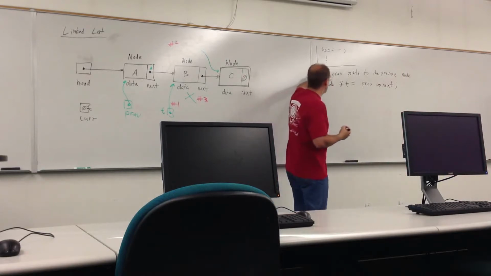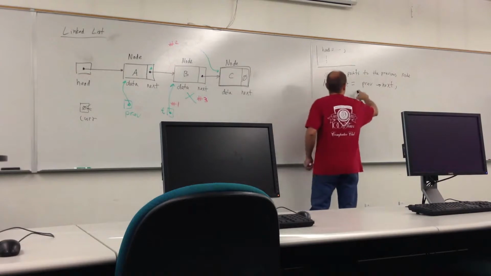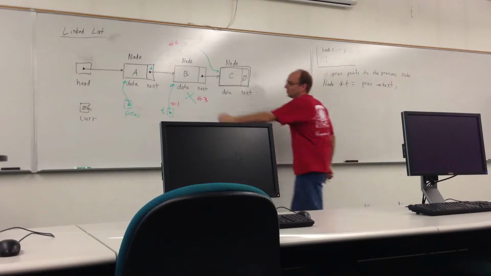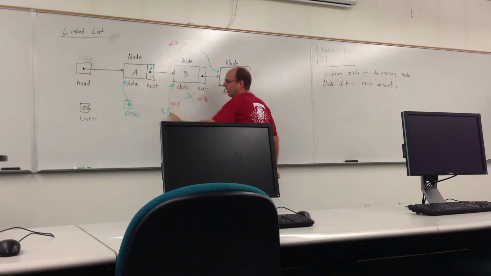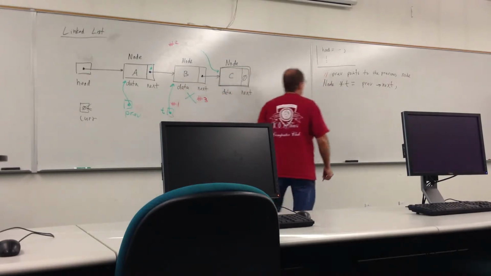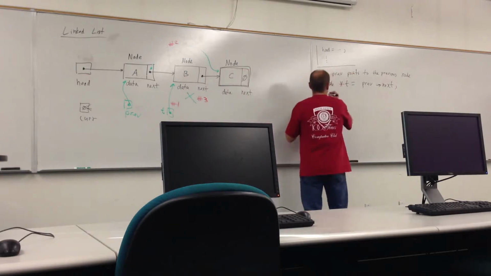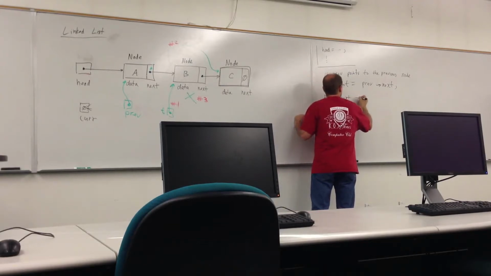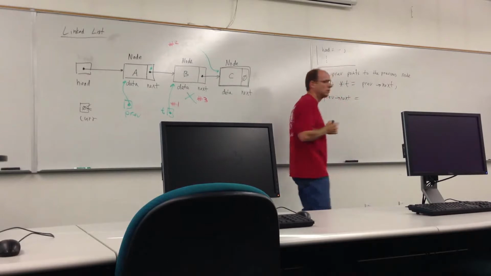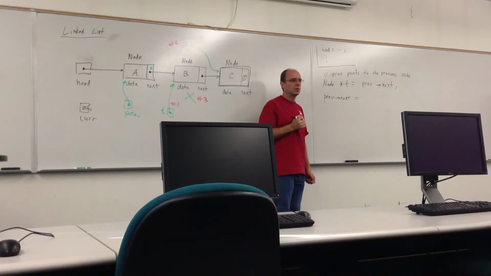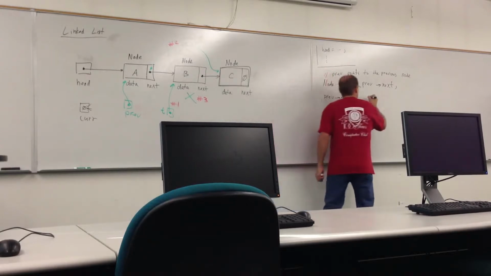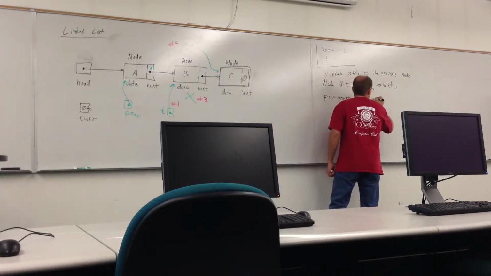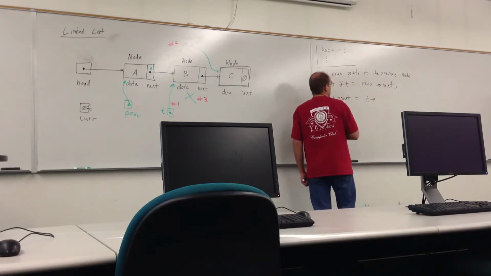So if prev points to the previous node, then we take prev's next, which is this address right here, right? And copy it into T. That's step number 1. Then step number 2 says prev's next should become cur's next, or in this case we're calling it T, right?